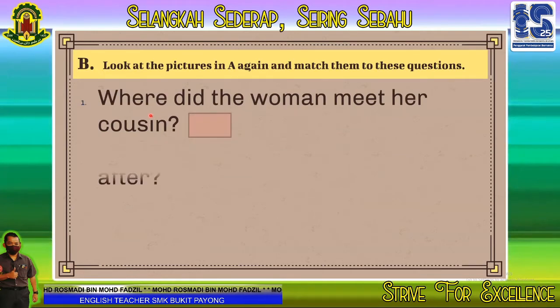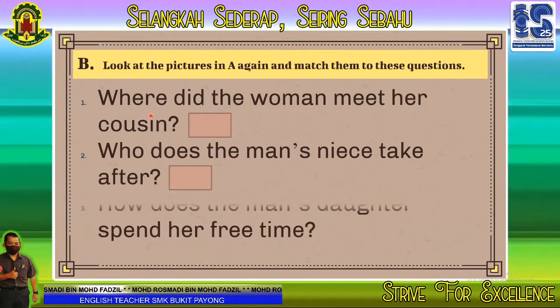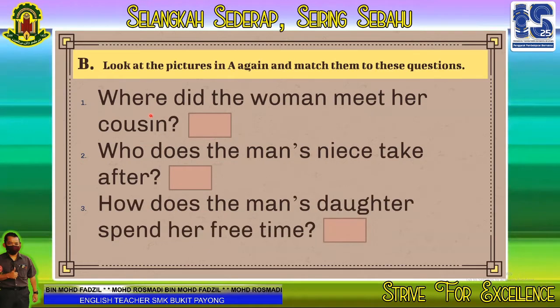Number 1, number 2, number 3. Okay, don't write anything yet. Belum tulis apa-apa lagi. Now you have to look at the pictures in A again, and you are going to match the pictures to these questions. Okay, sesuaikan, but don't write the answers here.